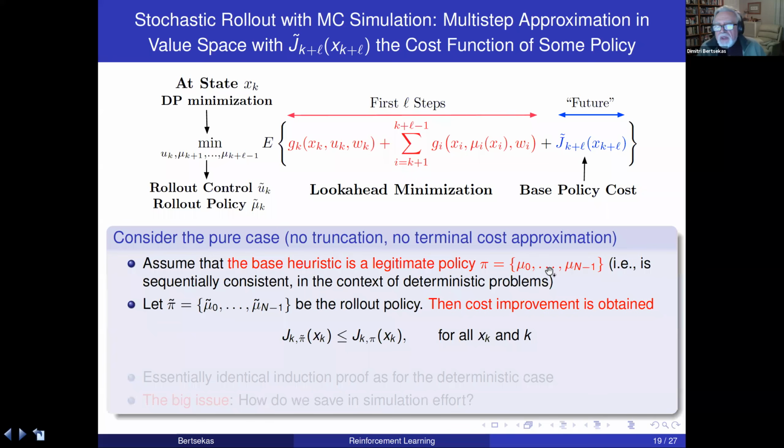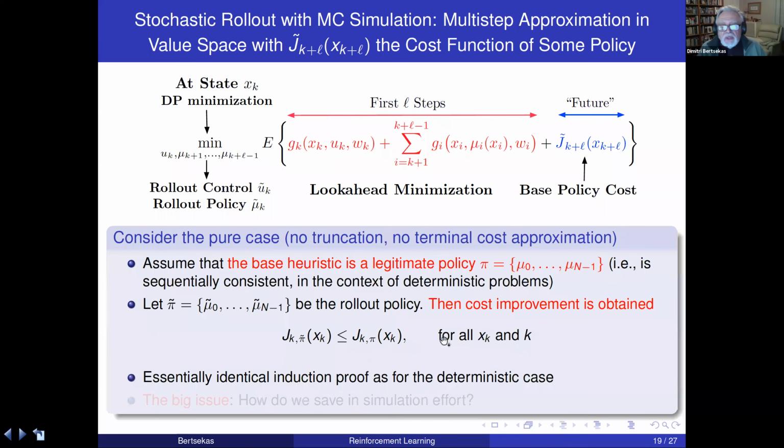So we have a policy that gives an action, a control for every possible state and stage, and you use that to generate these cost function values. If you do that, then you have cost improvement. Starting from any state and any stage, the rollout policy has a smaller cost than the base policy.